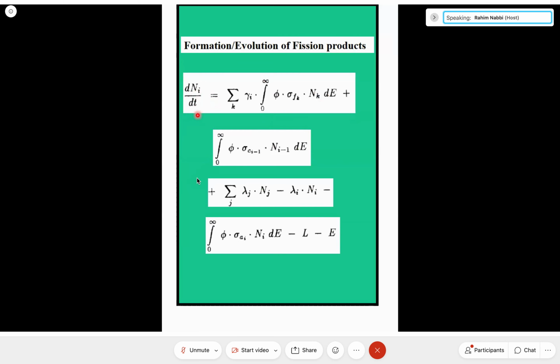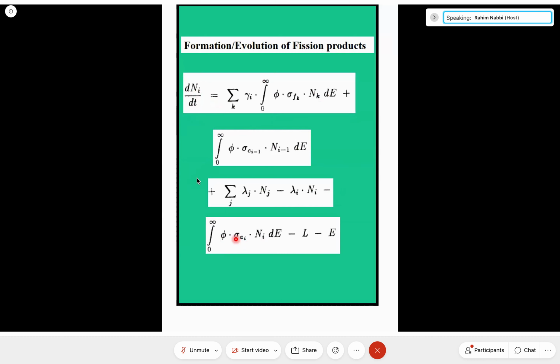And xenon, for example, has a very high cross-section. If it absorbs neutrons, it would be lost. And you see here, absorption of that nuclide, that means this fission product, with the existing flux would be lost here in the balance equation.